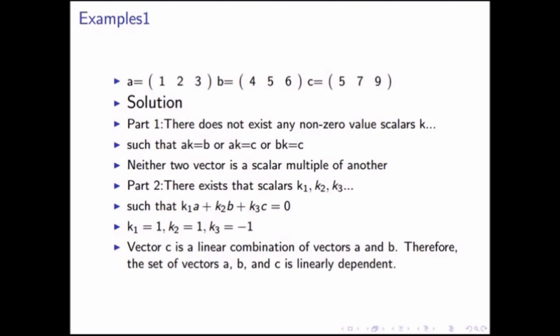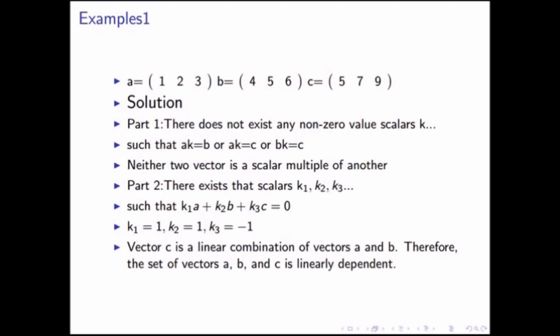Now, let's look at some examples. Are vectors A, B, and C linearly dependent or independent of each other? First, there does not exist any non-zero scalar k such that ak is equal to b, or ak is equal to c, or bk is equal to c. So, no vector is a scalar multiple of another vector.